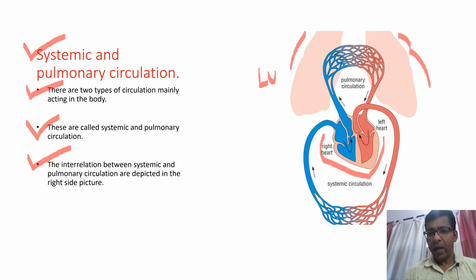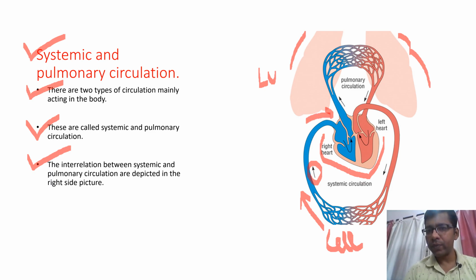As I have told in the previous slide, every cell in the body produces carbon dioxide containing blood. Now look at this arrow, carbon dioxide containing blood, depicted in blue. It comes from the cell to the heart, and from the heart, more specifically the right ventricle, it goes to the lungs.